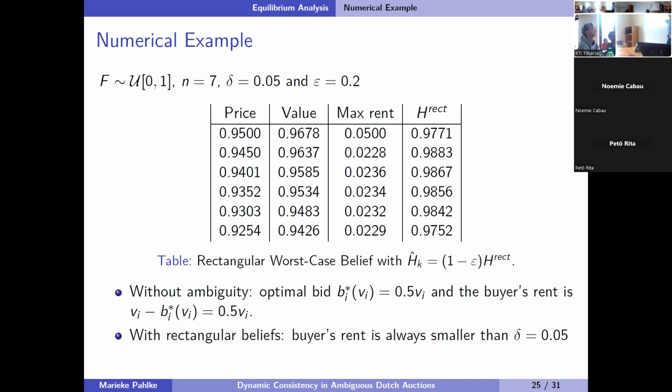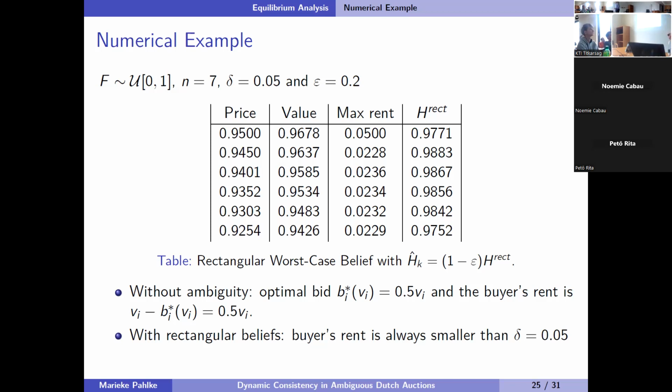Compared to the setting without ambiguity, where it would be optimal to bid half your valuation, the rent in the case where you get the object would be just half your valuation. So the buyer ends up with a really, really low rent compared to the non-ambiguous setting. That's the best case, times 1 minus epsilon.